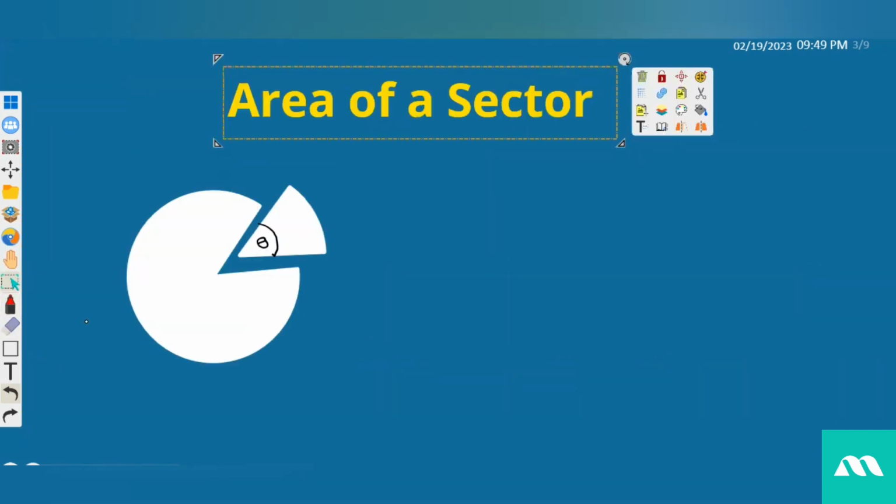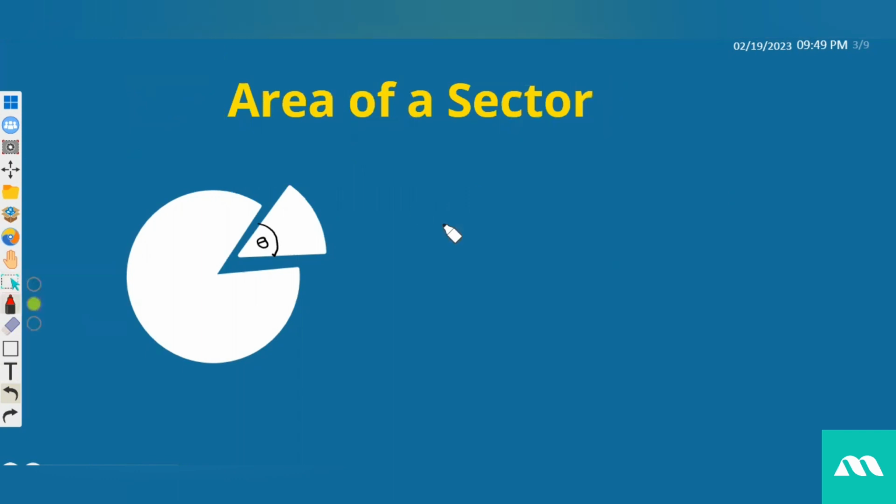The area of a sector can be obtained by the angle at the center of the sector divided by the angle around the center.